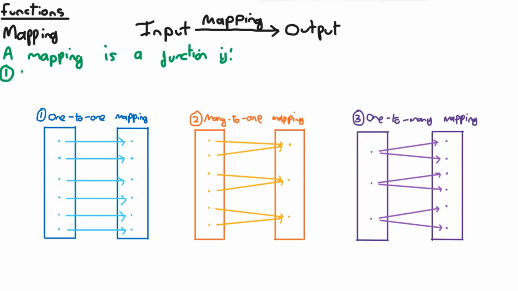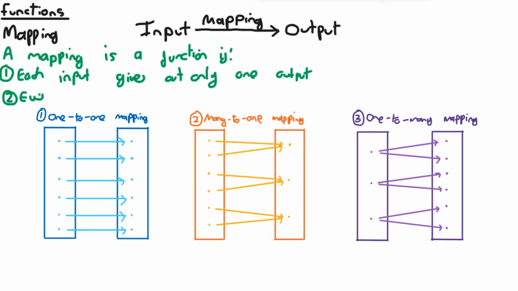The first is that each input gives out only one output, and then the second condition is that every input has to give out an output.